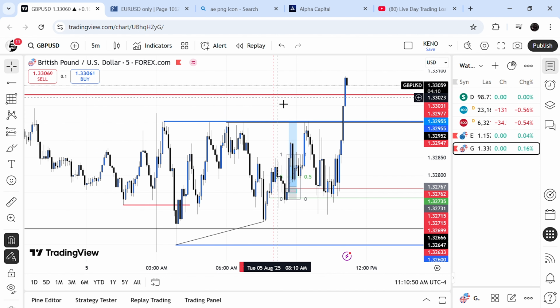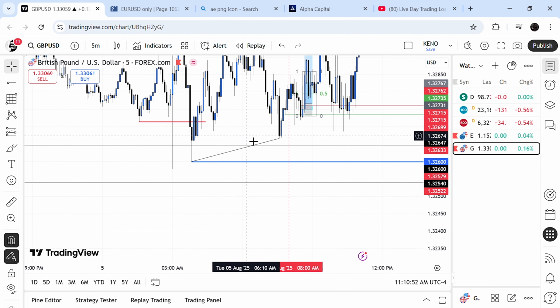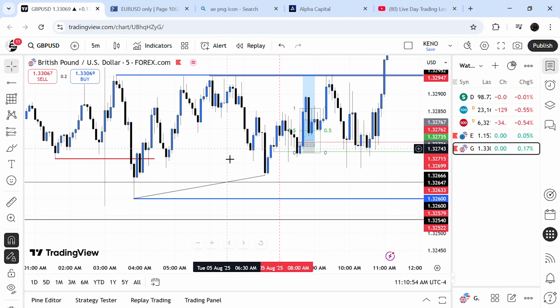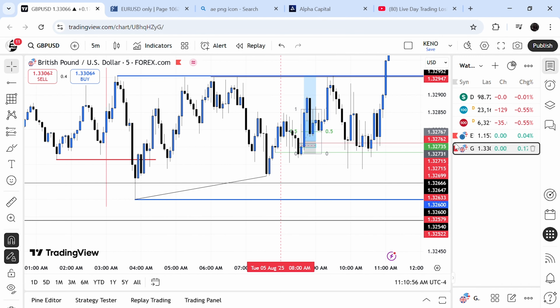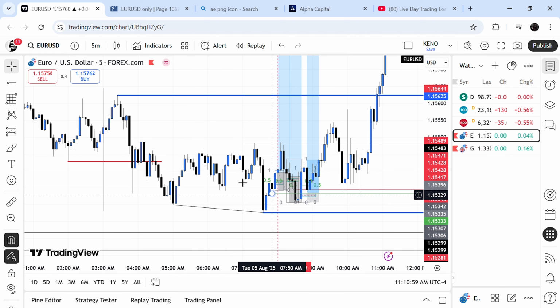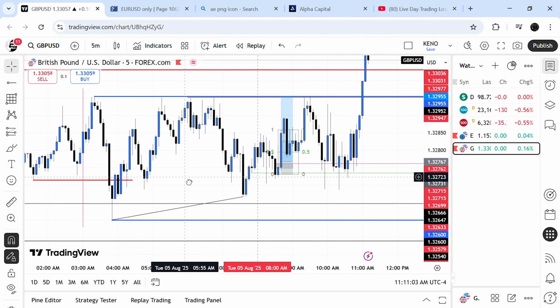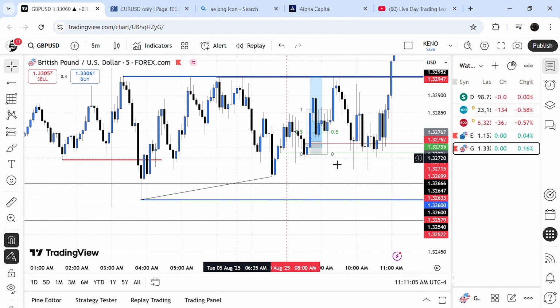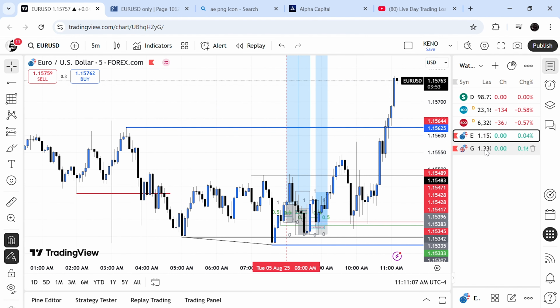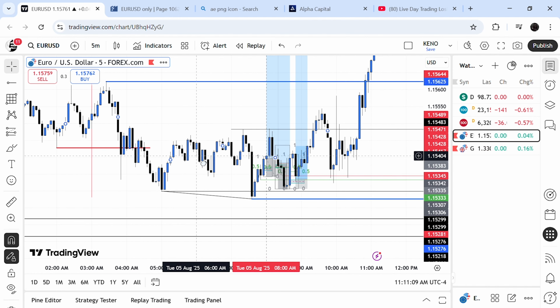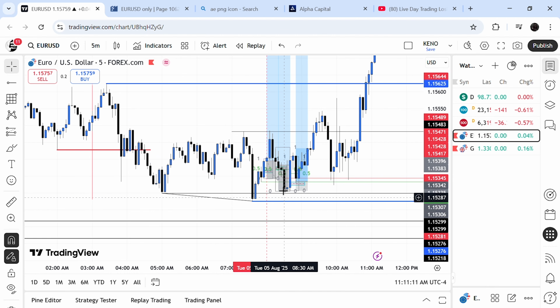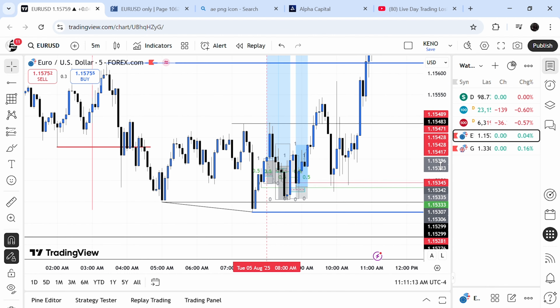So realizing that, I also spotted this SMT on GU right here and also on EU. So I immediately went into EU and took a small trade right here.